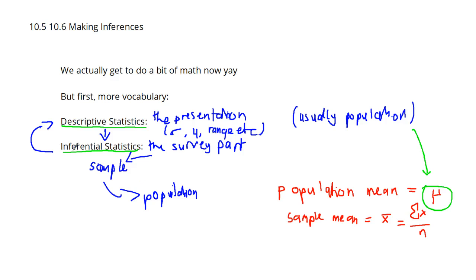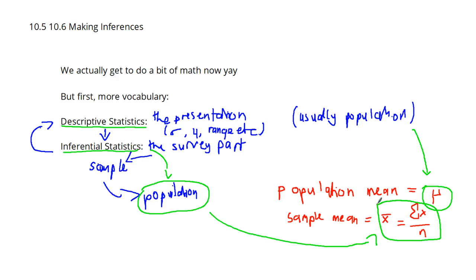You normally collect samples in inferential statistics. You collect the sample and then you make inferences based on that sample to the whole population. So it's not descriptive statistics; it's more inferential statistics. And the sample mean, x with a line through it, is the sum of all the data points divided by the number of data points.